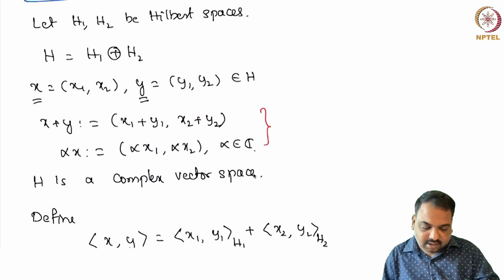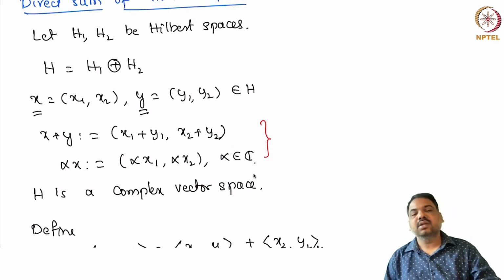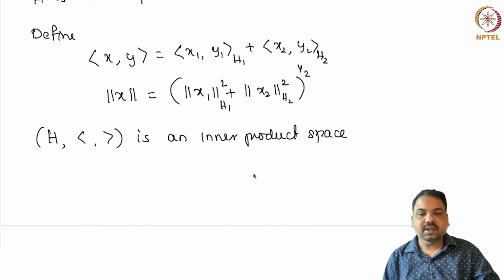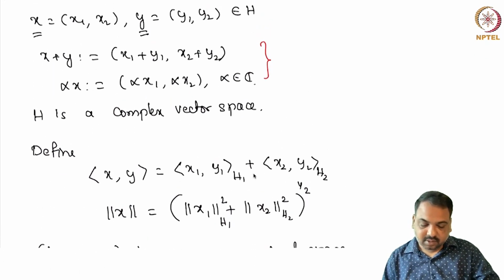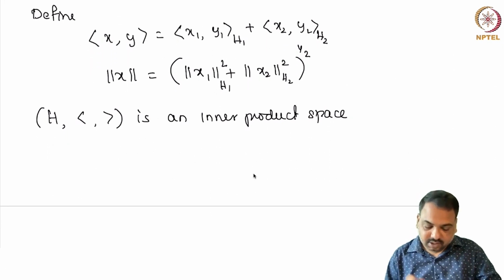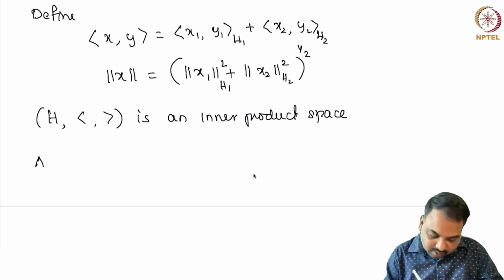We can actually very well start with H1, H2 being inner product spaces and show that H is an inner product space, but we started with Hilbert spaces. So because H1 and H2 are Hilbert spaces, we can show that H is also a Hilbert space.